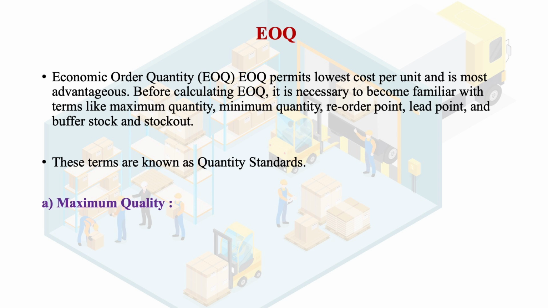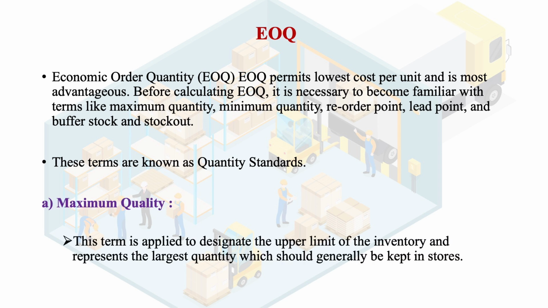The term minimum quantity is applied to designate the lower limit of the inventory, and represents a reserve or margin of safety to be used in case of emergency. When the requirements are fluctuating, there must be at least this quantity available in the stock. This minimum quantity is also called the buffer quantity.